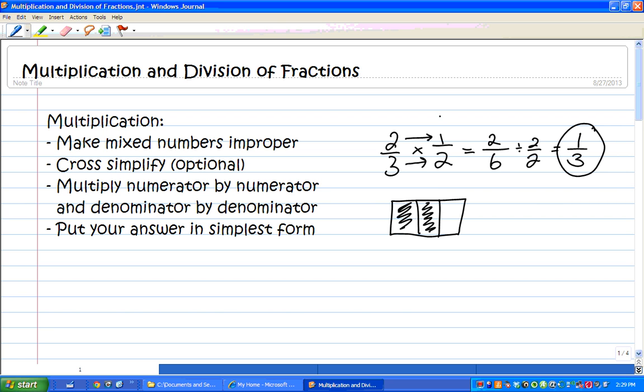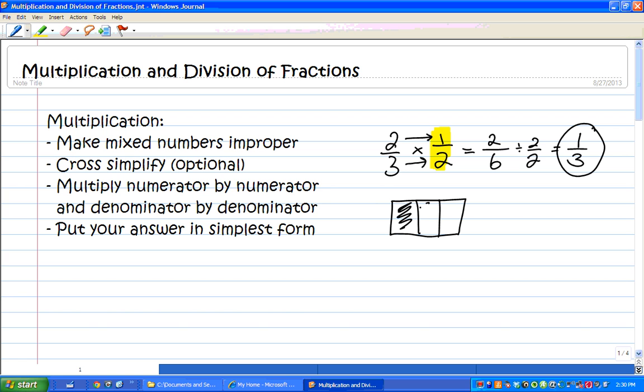But when I'm multiplying it by a fraction which is less than 1, it actually becomes smaller. So I'm saying I have 2/3, and I want half of it, or I'm multiplying by half. How much do I have then? 1/3. That may be something that makes sense to you. If not, just follow the rules and trust me, it works.